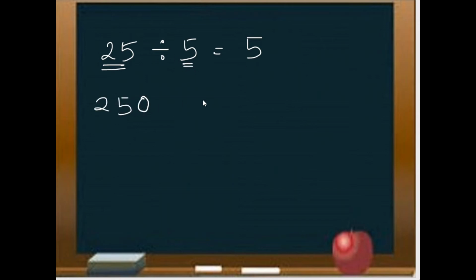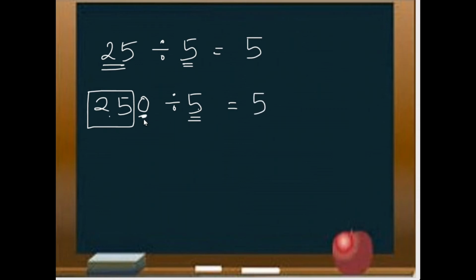Okay, let's take some examples. So you all know that 25, if I divide by 5, I'll get the answer as 5. Now, I'll have the same non-zero numbers, but I have an additional 0 in my number. Again, I'm going to focus on my non-zero numbers. 25 divided by 5 will give me 5.